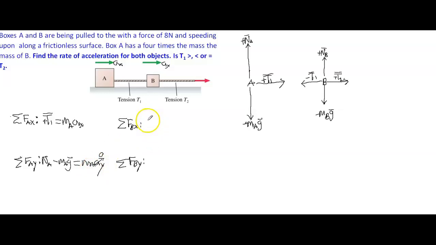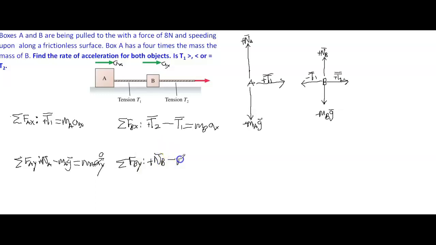For mass B in the x direction, I have T2 pointed to the right. Got to put a little plus symbol there. I have T1 pointed to the left, and that is equal to mass B times acceleration in the x direction. In the y direction, I have a normal force up.